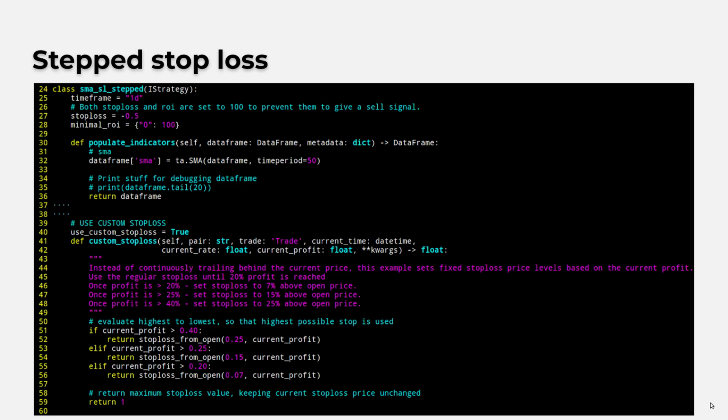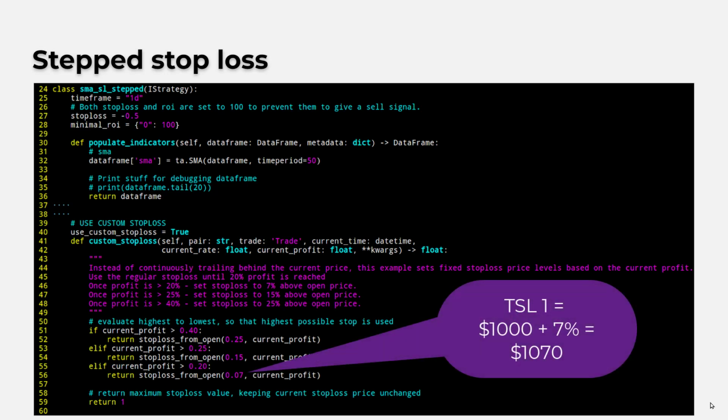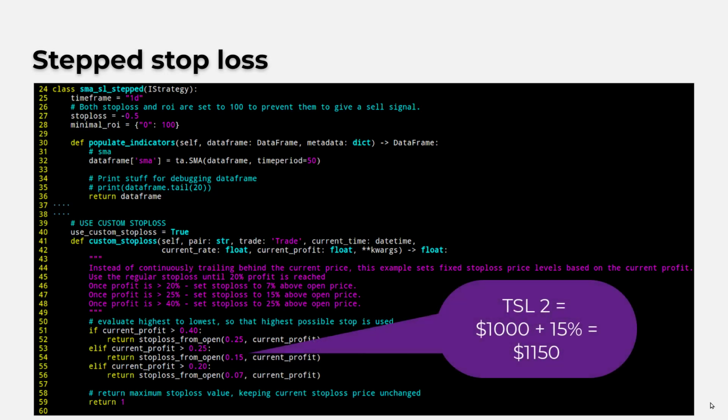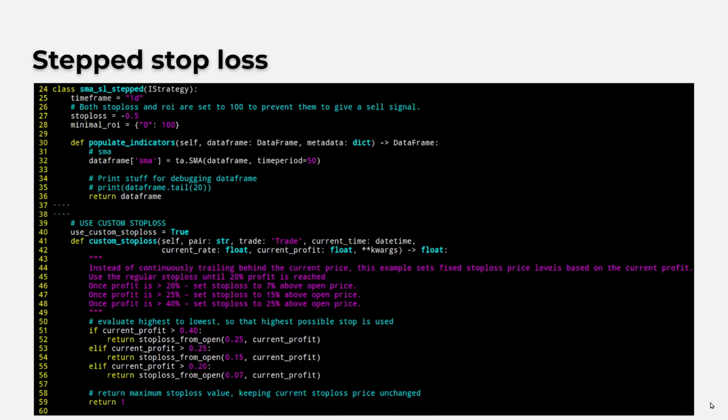In other words, if the open price of the trade was $1,000, then the new stop loss level is $1,070. Then when the current profit hits a difference of 25%, then the stop loss level increases to 15% of the opening price. So here it will be set to a stop loss level of $1,150. And remember that stop loss levels can only go up and never down.